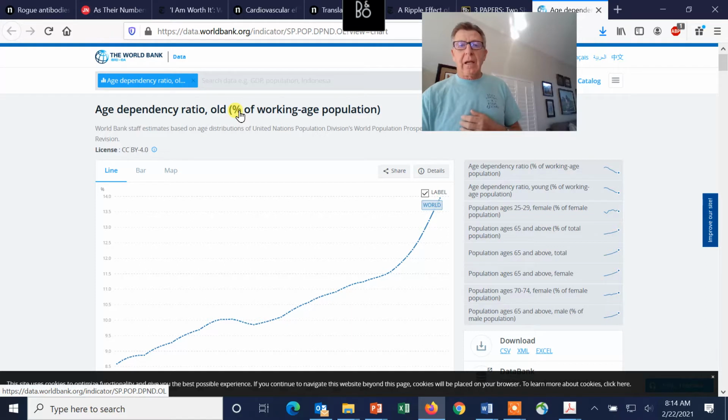That gives us a reflection of dependency at an individual basis, but also really at a societal level, because when we're looking globally, it's the older people that are tapping into the entitlement programs, the pensions, Social Security, Medicare, stuff like that. The young people need to funnel money into the government so that it can support these older people.